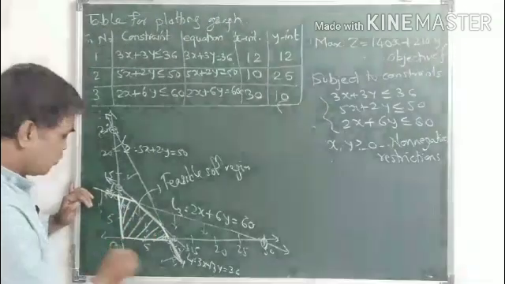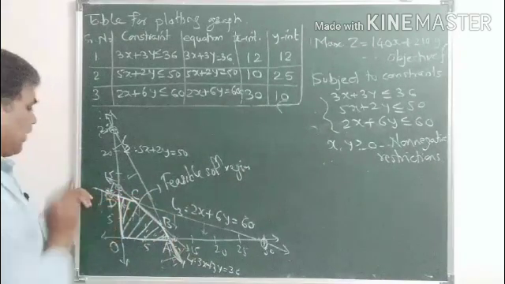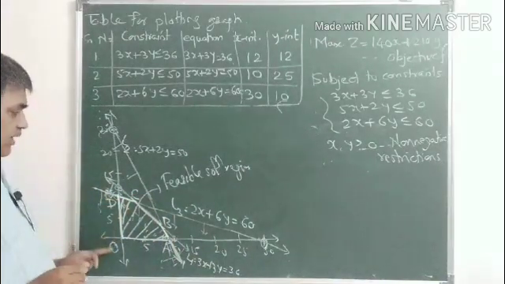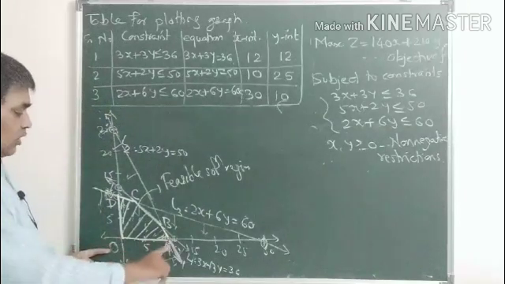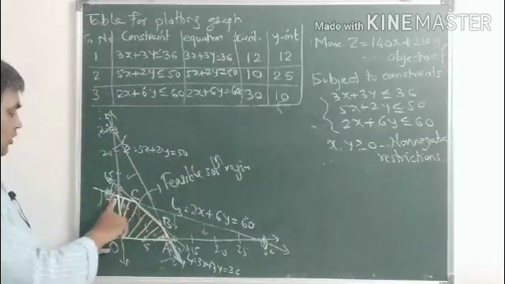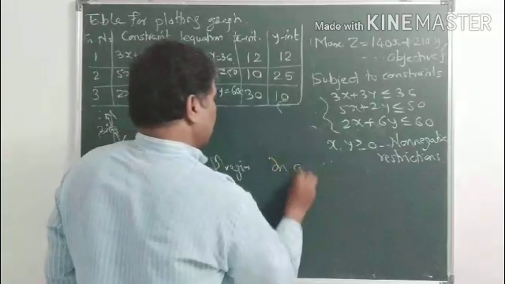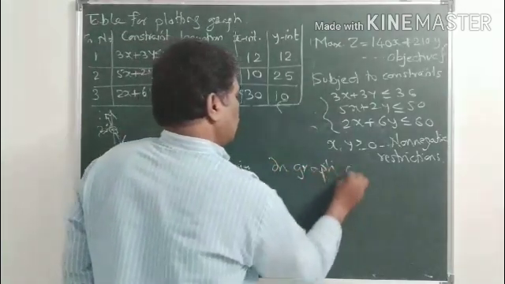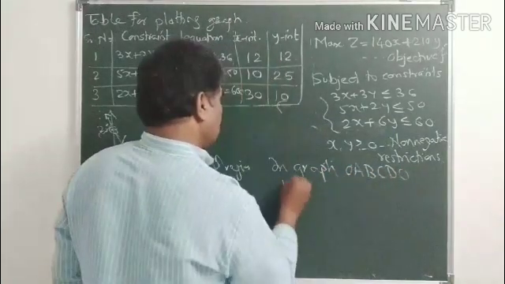So if this is O, this is A, this is B, this is C, this is D, then the maximum of Z is attained at either O or A or B or C or D. Okay, so in the graph, O, A, B, C, D, O is the feasible solution region.